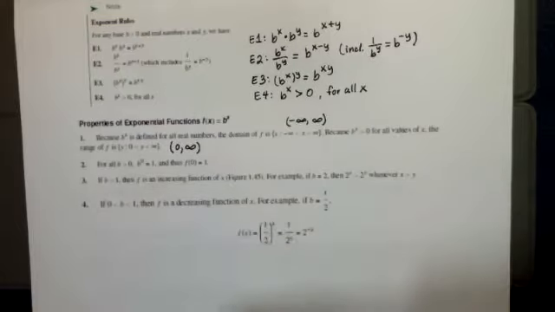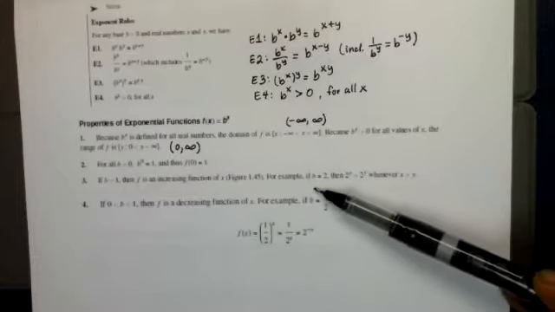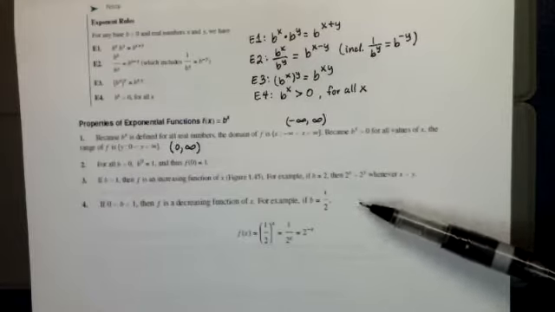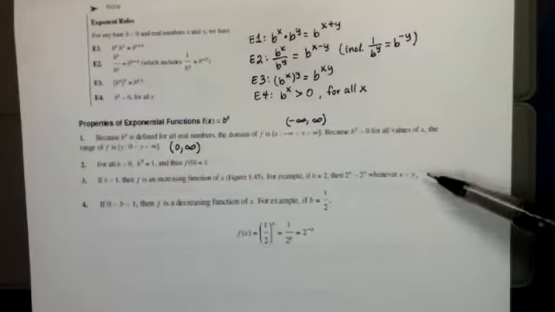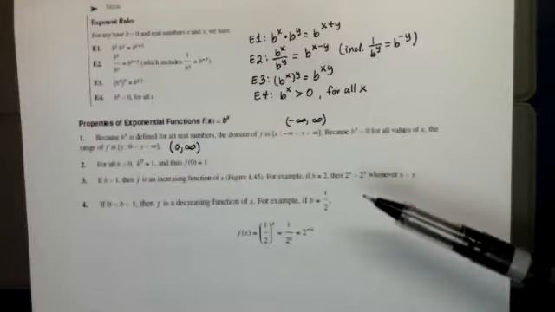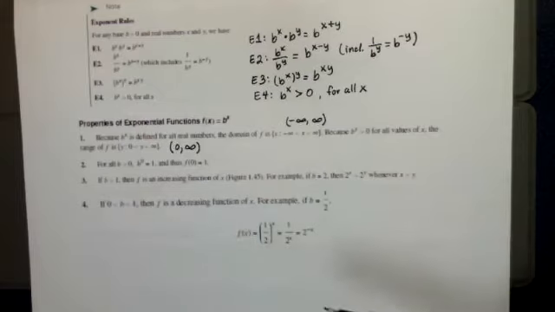Number 3, if b is greater than 1, then f is an increasing function on x. So in this case, if b is equal to 2, then 2 to the x is greater than 2 to the y whenever x is greater than y. And if b is between 0 and 1, then f will be a decreasing function on x.